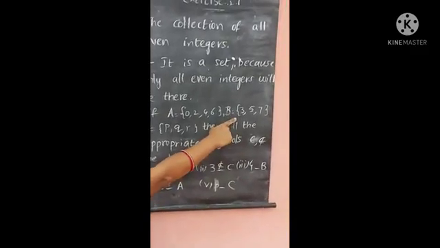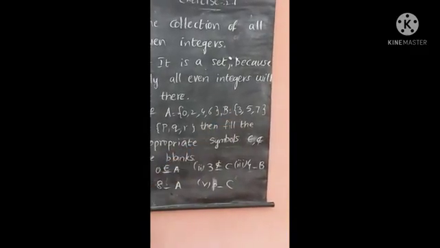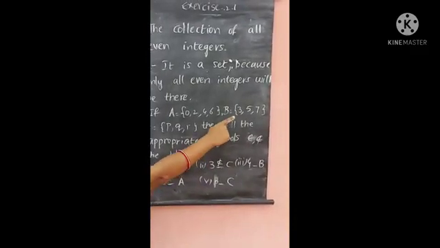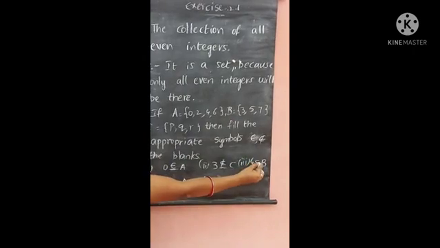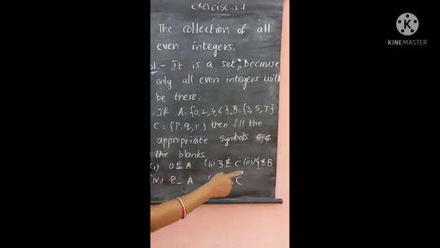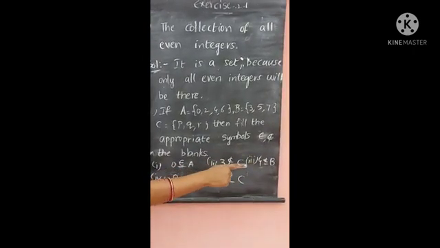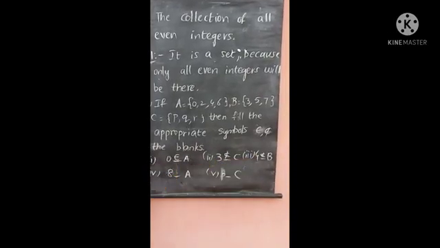See the elements of the set B. Only 3, 5, 7 are there. 4 is not the element of the set B, so we have to use the does not belong to symbol. 4 does not belong to the set B. That means 4 is not the element of the set B.